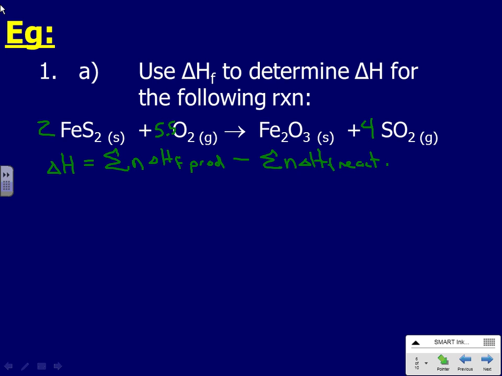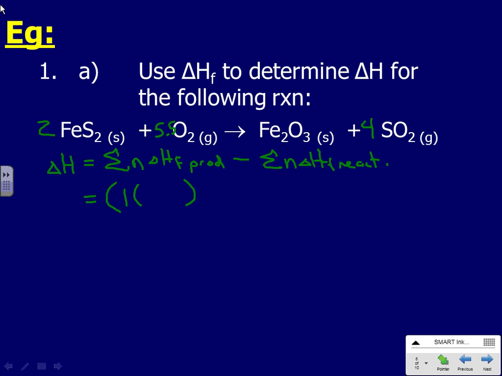So here's what it looks like. I make 2 sets of large brackets, one for the sum of the products, one for the sum of the reactants. I go to my products, and I have 1, and now I'm looking for the heat of formation for Fe2O3 solid, and you now have that table, and I need you to track that number down for me.